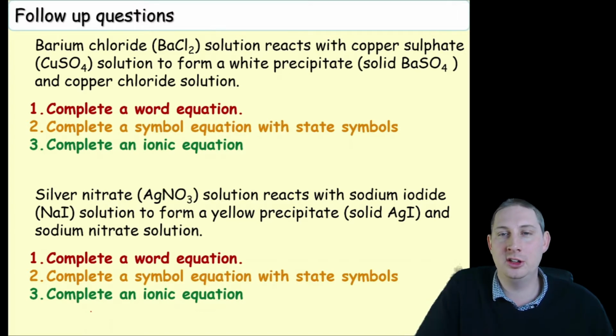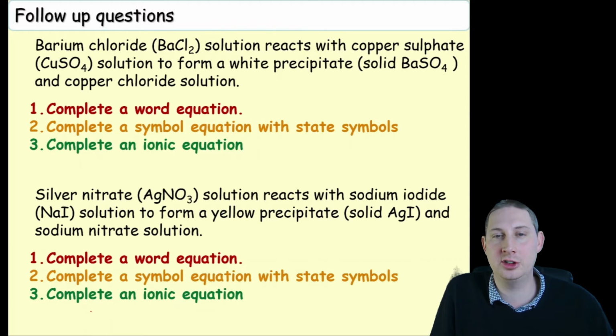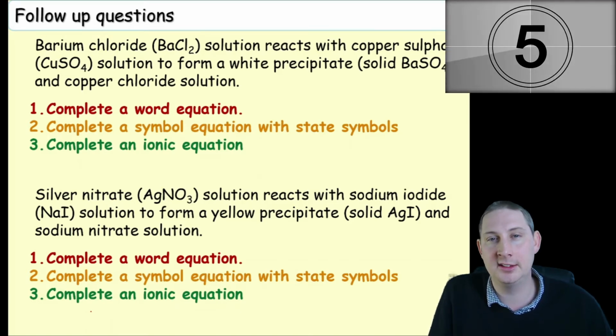Silver nitrate solution reacts with sodium iodide solution to form a yellow precipitate, AgI, and sodium nitrate solution. Complete a word equation, complete a symbol equation with state symbols, complete an ionic equation. I very strongly suggest you attempt this now, because this is where you need to find out whether you can or can't do this. So do pause the video, have a go at these, and then restart.